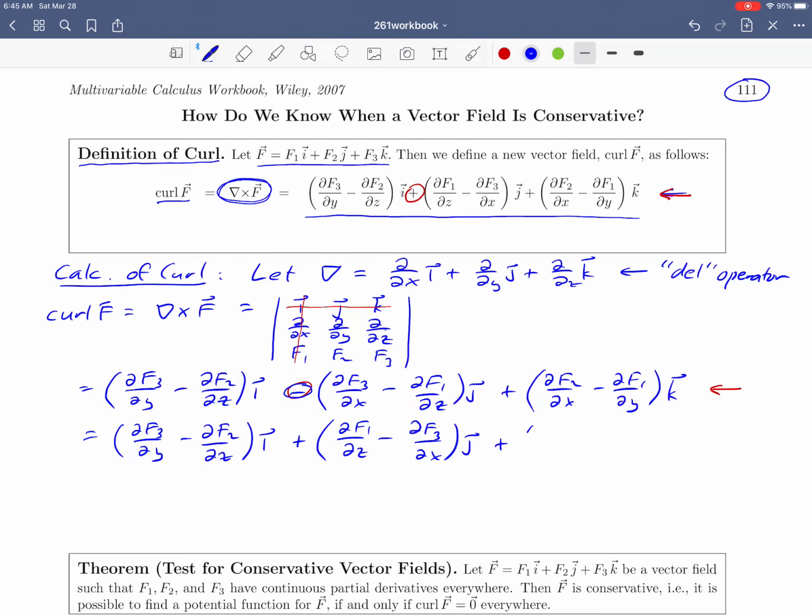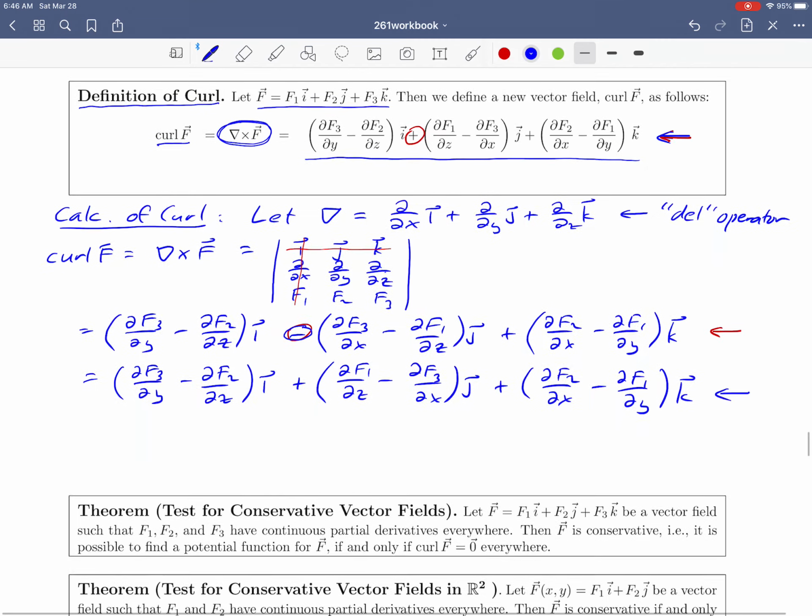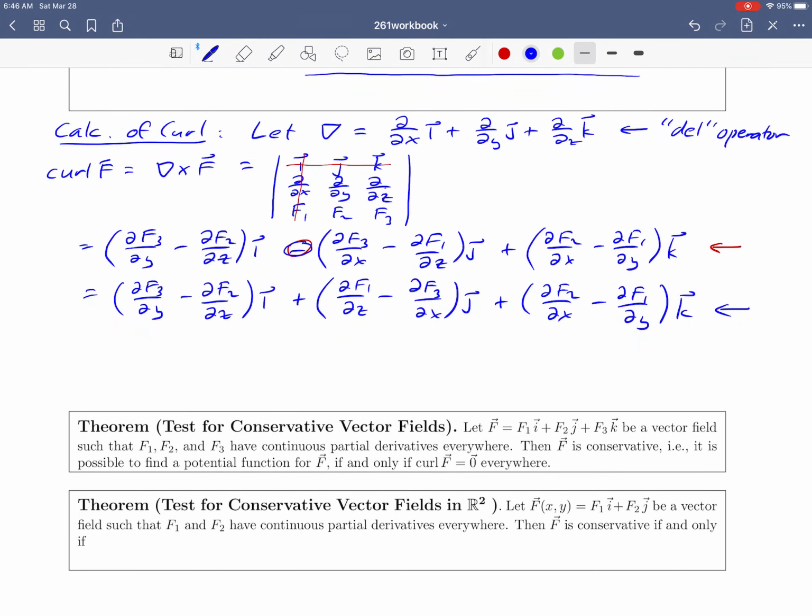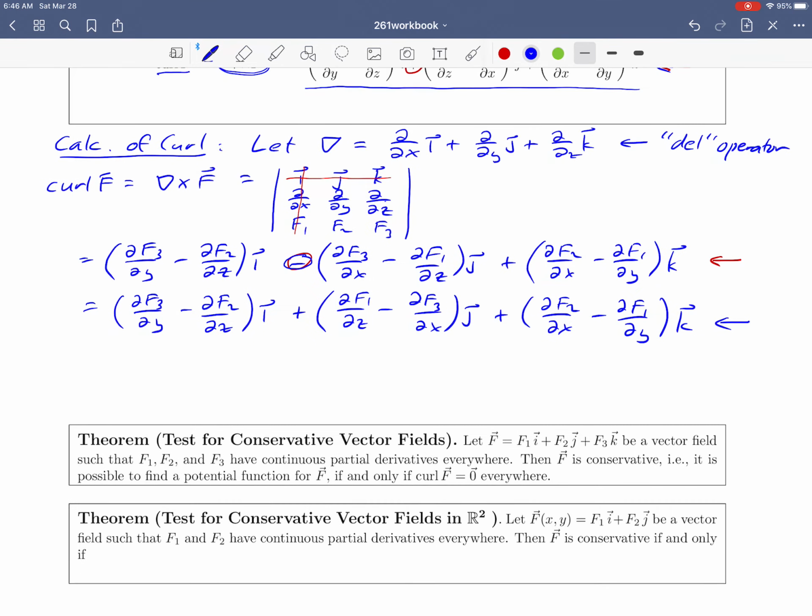We're going to get partial f1 partial z minus partial f3 partial x, and you can look up above and see that we've got a match now. So this last line that we just wrote down is an exact match to the definition up here, and it illustrates that to calculate the curl, we can do it just by taking a determinant as we illustrated.